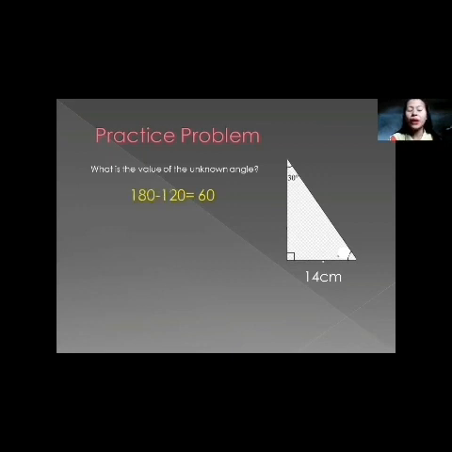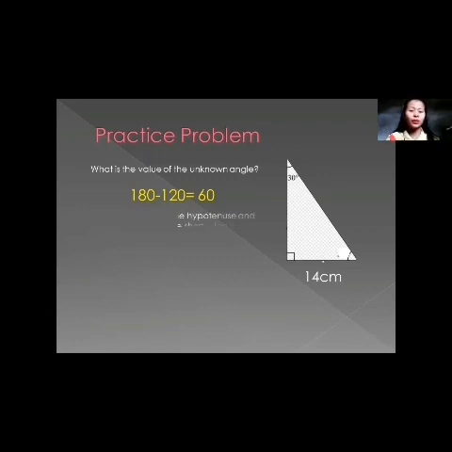So, we all know that the sum of the three angles of a triangle is equal to 180 degrees. So, we have already 30 degrees and 90 degrees. So 30 plus 90 is 120. So 180 minus 120 is equal to 60. Therefore, the unknown angle measures 60 degrees. Very good.